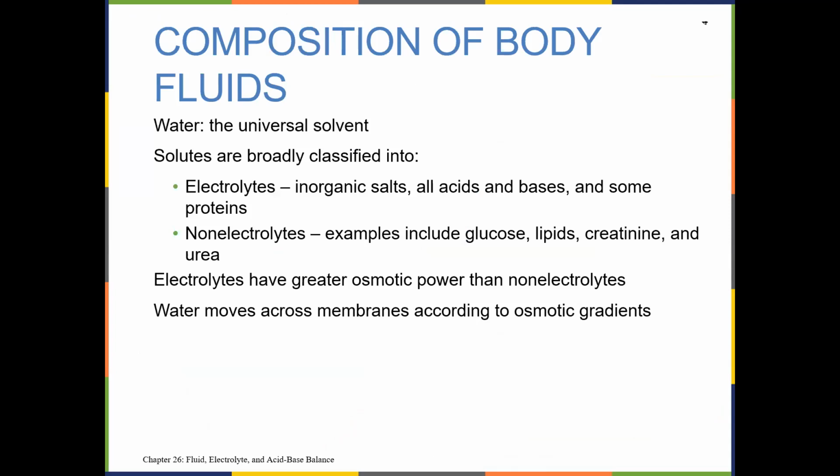Now, within the plasma and the interstitial fluid and the intracellular fluid, we are mostly water, but we have solutes in there. We have solutes that are broken out as either an electrolyte or a non-electrolyte. The electrolytes hold charges, like sodium is positive, chlorine is negative, hydrogen is positive, calcium is positive, potassium is positive.